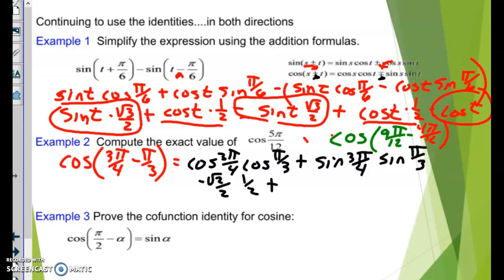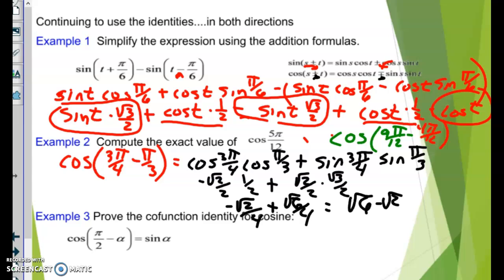And then we have plus, the sine at 3 pi over 4 is root 2 over 2, and the sine at pi over 3 is root 3 over 2. It appears as if we're going to end up with negative root 2 over 4 plus root 6 over 4, and I think that's what we ended up with last time. Okay, so we end up with the same answer both ways.